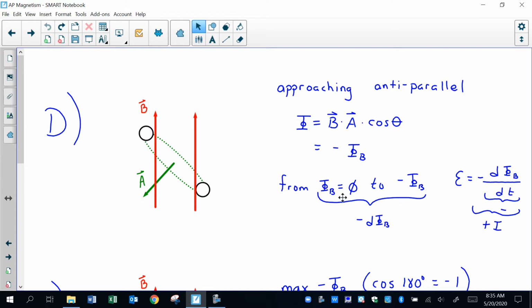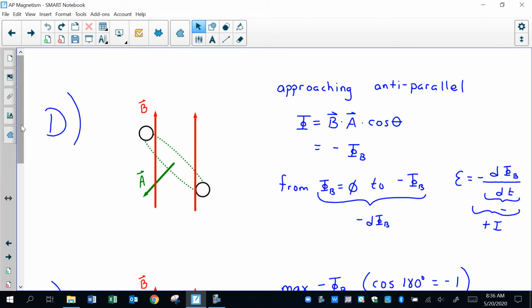Going from 0 flux in C to a negative flux is still a negative change. So my magnitude is increasing, but because it's a dot product, I actually end up with negative flux. So I still have a negative rate of change. So I still have positive current.